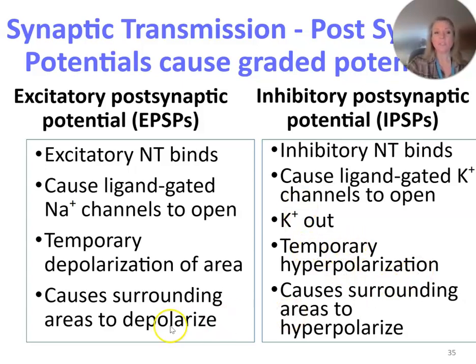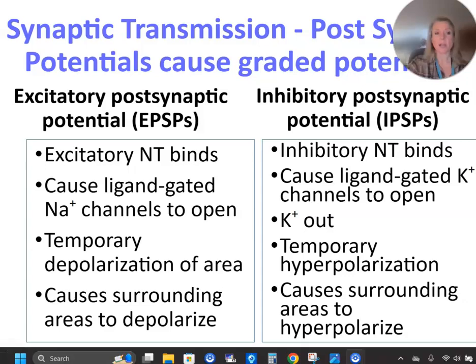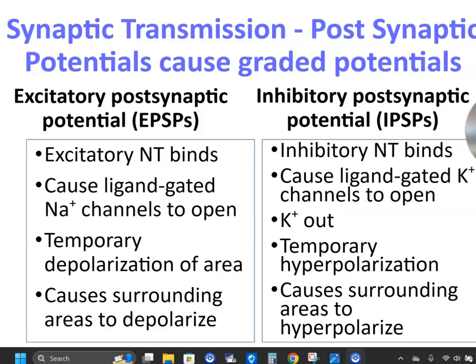Okay, the next thing that I want to talk about are these different kinds of postsynaptic potentials. I mentioned this a little bit in one of the earlier videos, that some postsynaptic potentials are excitatory. The ones that allow sodium to enter into the postsynaptic cells are called excitatory postsynaptic potentials, or EPSPs.